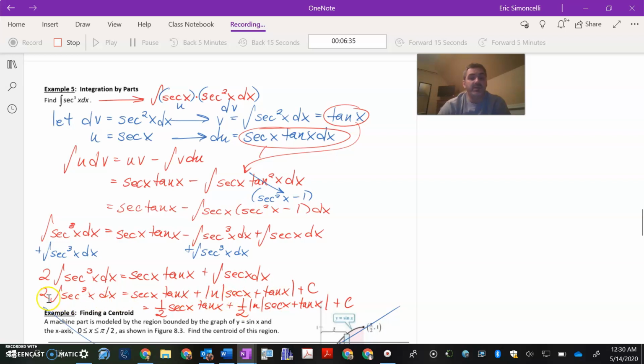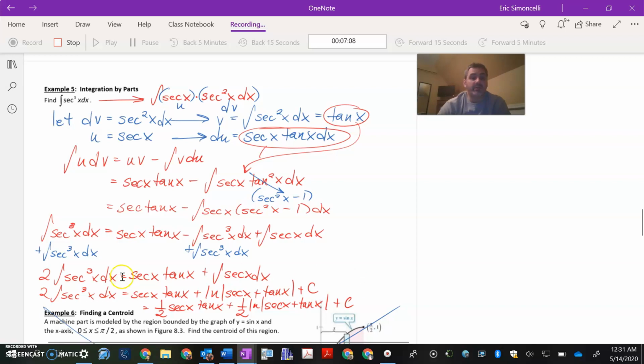But then we can essentially divide both sides by 2, or multiply by a half, to finally end up with 1/2 secant tangent plus 1/2 natural log absolute value secant x plus tangent of x plus c. Certainly a more involved process than what we've seen thus far, but it works well in the sense that we had integration by parts for sure to take on, but also trig identities.